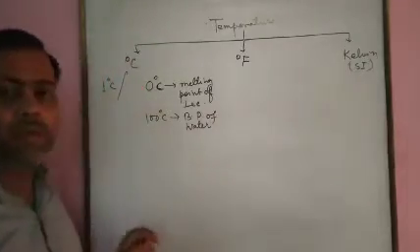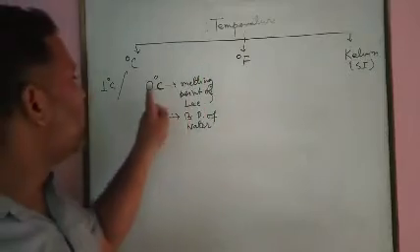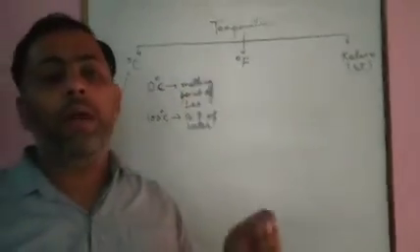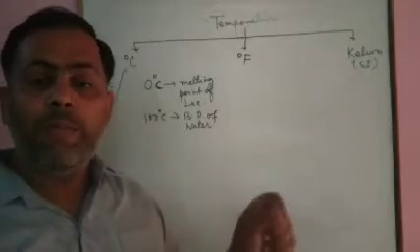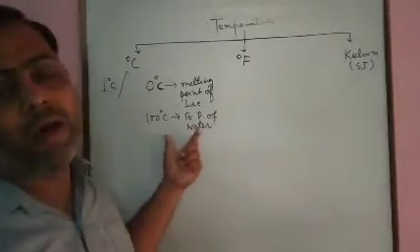That means what we have marked in the thermometer, the first point is 0 degree centigrade as the melting point of ice. The length of the mercury column when it is placed in ice is marked as 0, and when it is placed in boiling water is marked as 100.